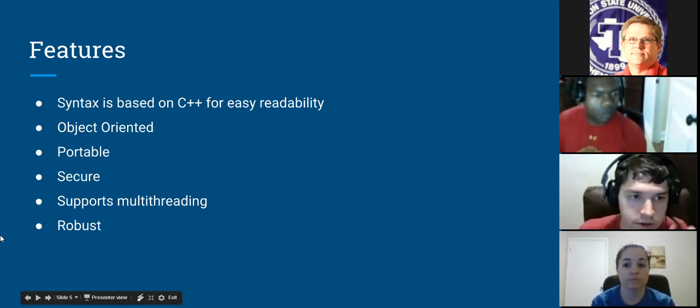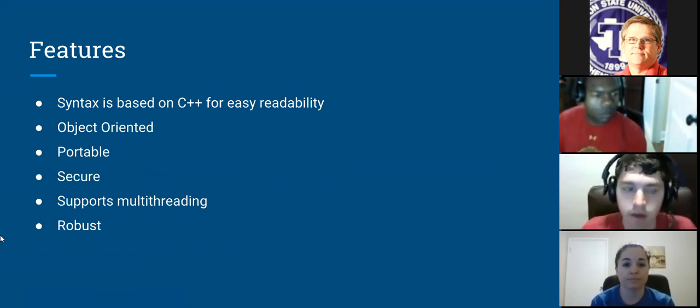I'll be going over the features. There's a lot to talk about here. The Java syntax is based on C++ for easy readability, but Sun Microsystems did take the liberty of removing many confusing and rarely used syntax features such as explicit pointers and operator overloading.